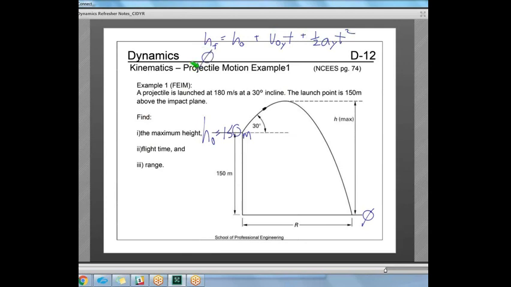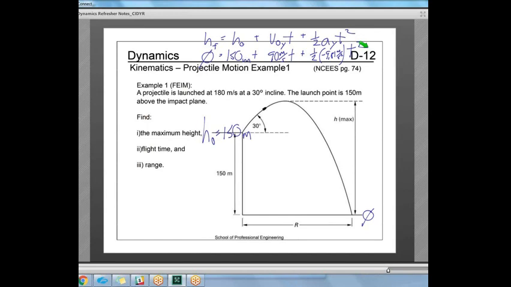So if we set up an H final equals H naught plus V naught in the y direction t plus 1/2 a in the y direction t squared, our values are: final height of 0 equals 150 meters plus 180 sine 30, 90 meters per second times t plus 1/2 negative 9.81 meters per second squared times t squared.